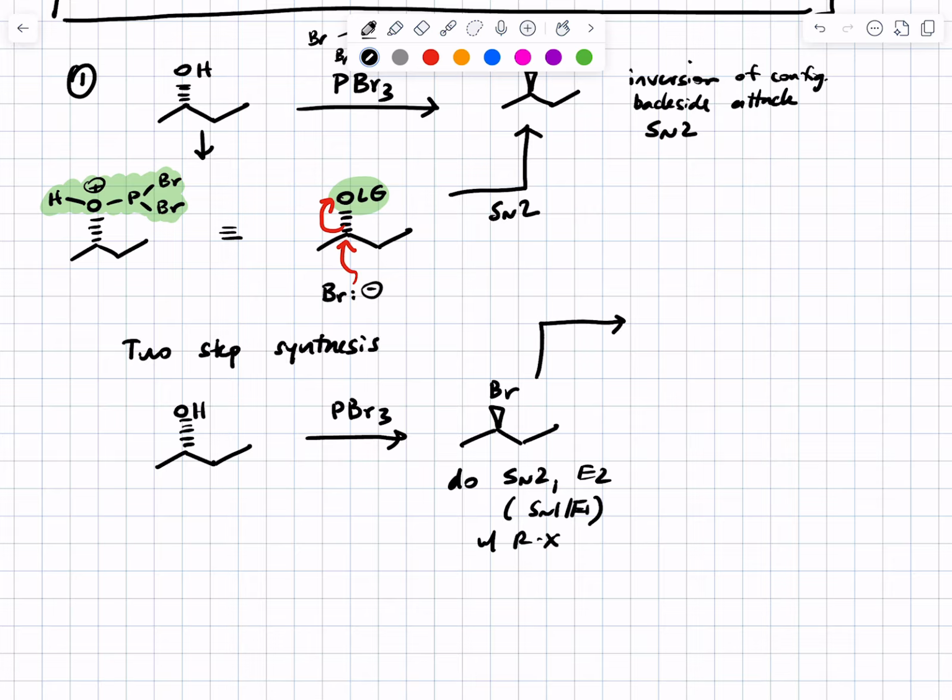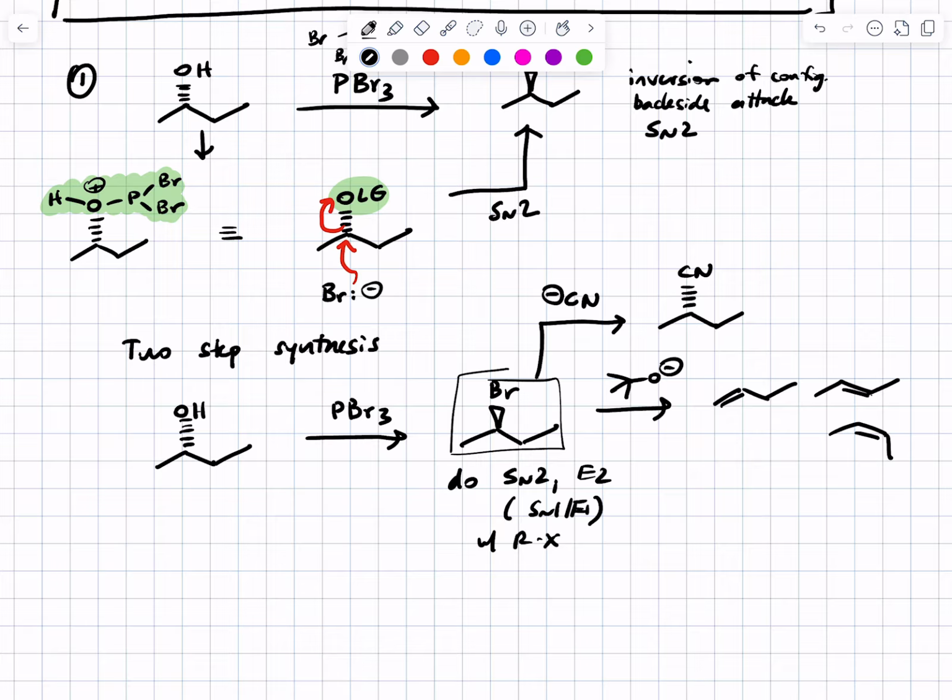For example, if I wanted to use CN minus, which is a good nucleophile but not a good base, I could get this product. Or if I wanted to use tert-butoxide, which is a good base but not a good nucleophile, I would get a mixture of these elimination products. So it's a way to get from an alcohol to an alkyl halide, which you've done stuff from chapters 7 and 8 with alkyl halides before.